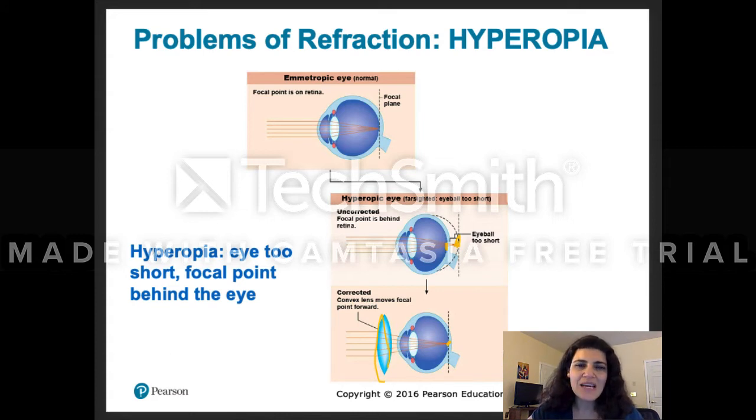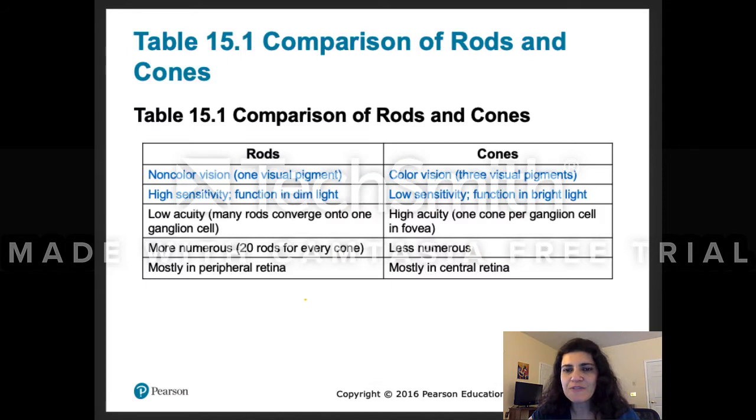Okay, so now let's just look at the differences between rods and cones. Like I said, rods are important for non-colored vision, high sensitivity, so they function in dim light. Cones, color vision, 3 different visual pigments that can be combined and you can see shades of different colors. And low sensitivity, function in bright light only. The acuity for rods is worse than for cones.